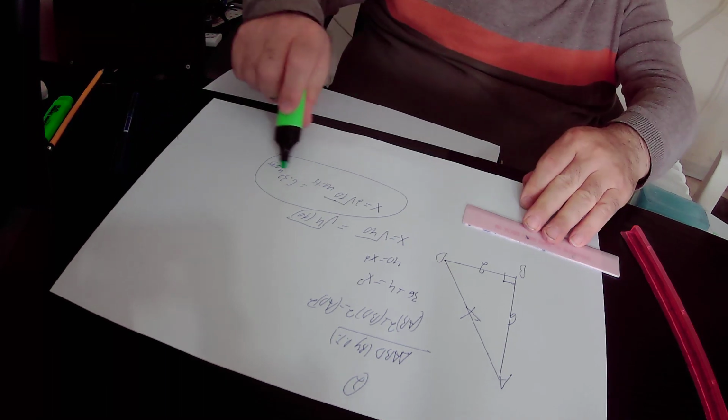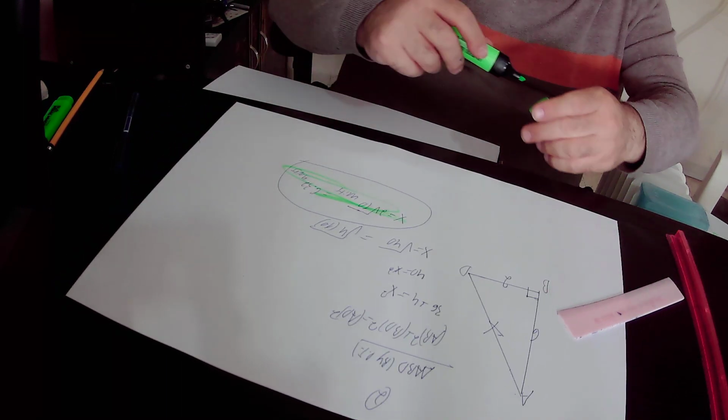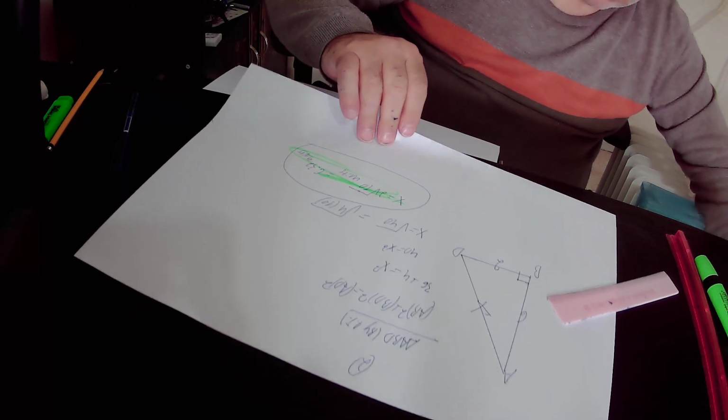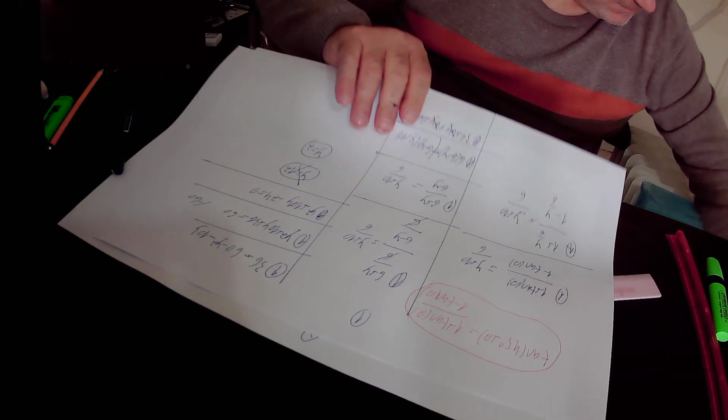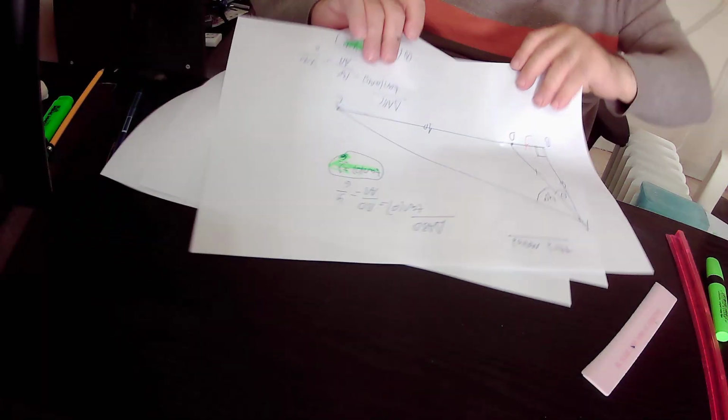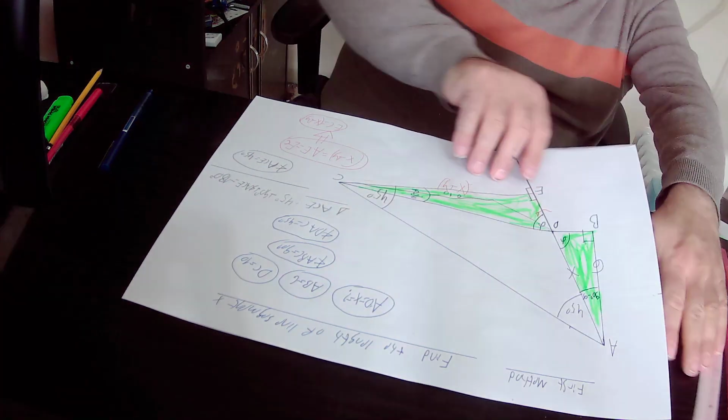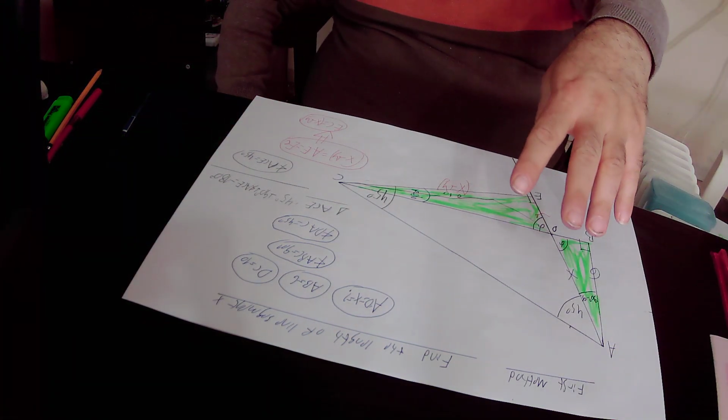We start with the first method. So here we have the right triangle ABC.